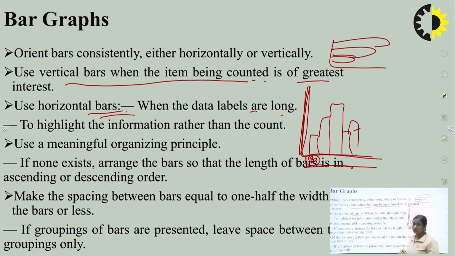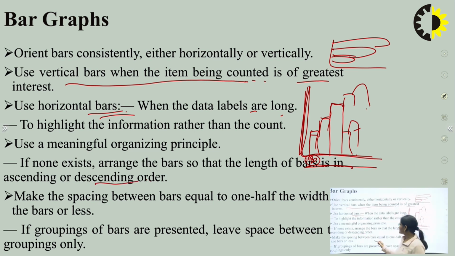But if there is no order to follow, then we have to arrange the data according to the length of our bars. Okay. If none exists, arrange the bars so that length of bar is in ascending or descending order.